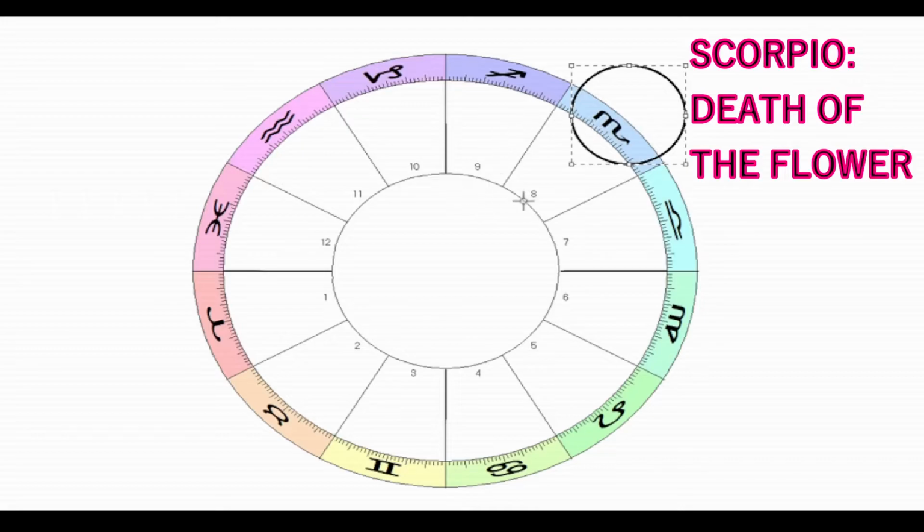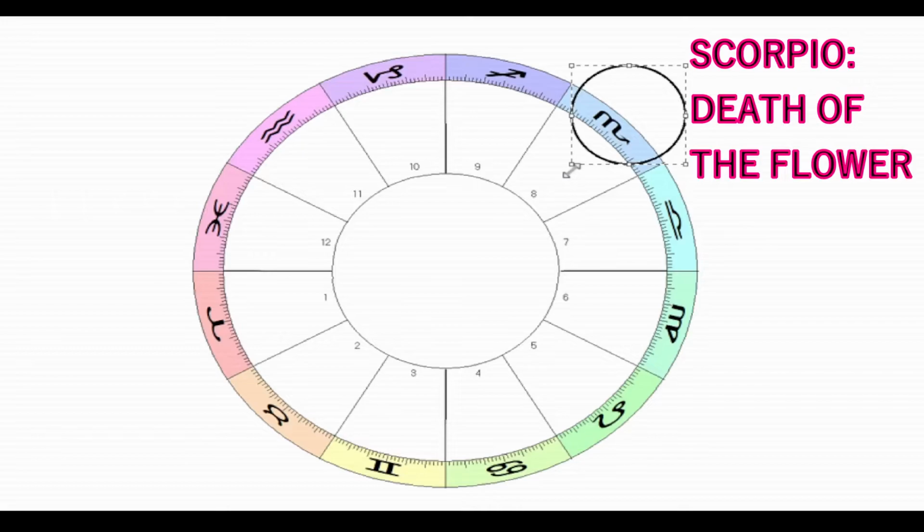So when the flower is pollinated by the pollinator, Libra, then it will become a fruit, but the flower has to die, okay? So Scorpio is associated with darkness and with death, and this is a necessary step of the life cycle.